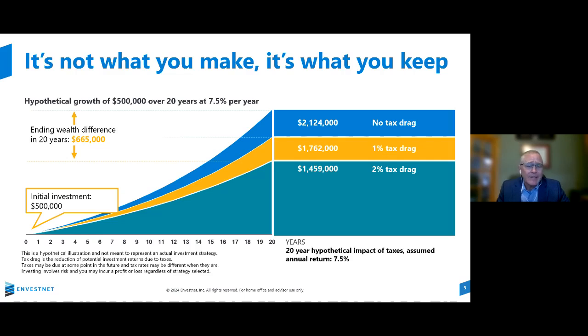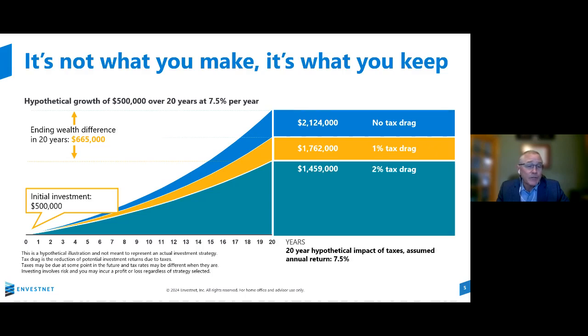And let's illustrate why this is so important. If you think about taxable accounts, one of the biggest drags on the performance of taxable accounts is taxes. And this illustrates how damaging it can be. If you were to take just an initial investment of $500,000, invested over 20 years, and if you have just 1% tax drag, you're going to lose over $300,000 of your investment.